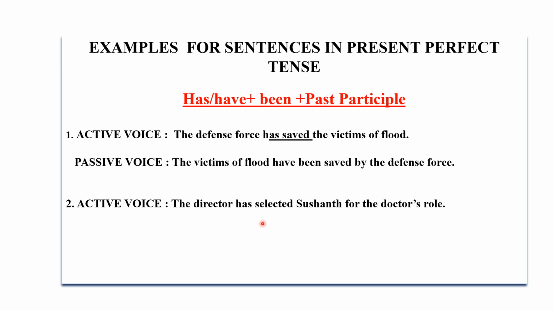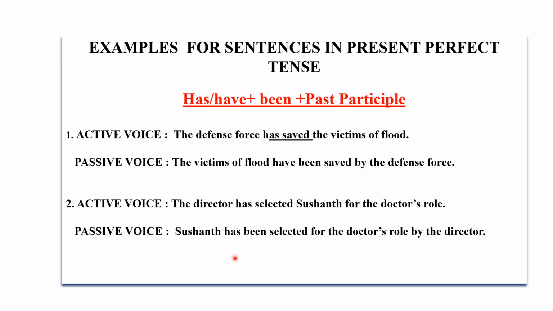Now, the answer goes like this. Sushant has been selected. Selected is already in past participle form. Select, selected. Sushant has been selected for the doctor's role by the director.